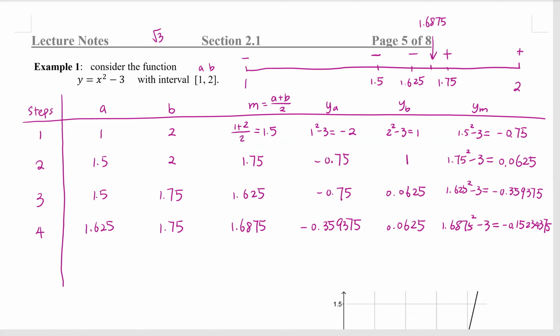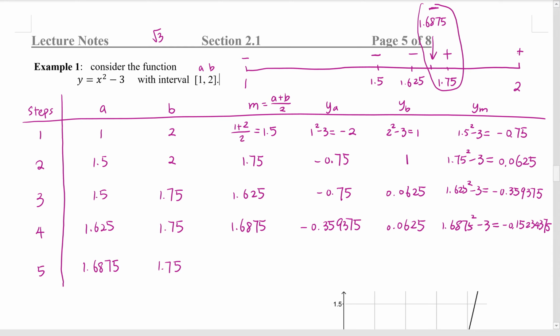This is negative. So what is the subinterval? This one, right? Let's say this is our last step. The left endpoint is 1.6875. The right endpoint is 1.75.